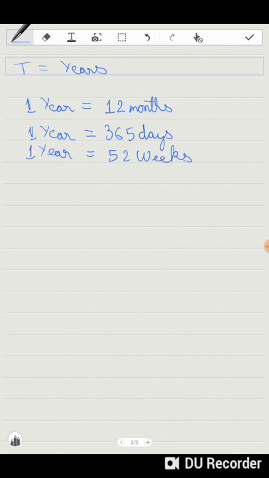Correct? So that means if I want to convert year into months, I will multiply it by 12, and if I want to convert month into year, I will divide by 12.